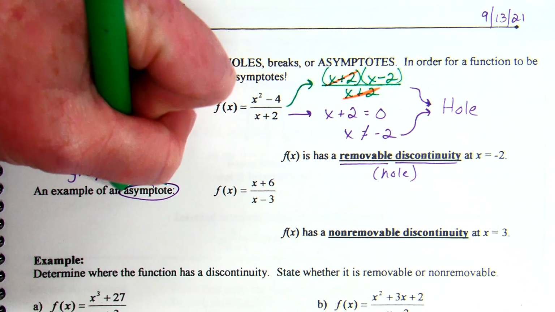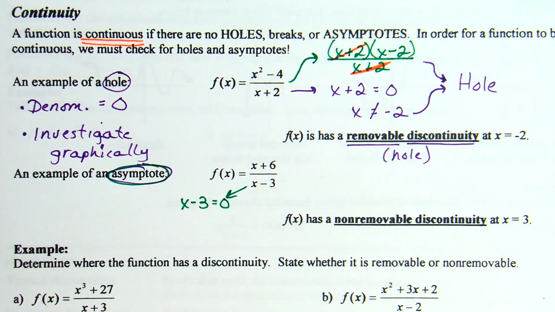Start by setting the denominator equal to 0. x minus 3 equals 0, what do we know? Okay, add 3 over, we get x equals 3. So right there, I know x can't equal 3. I know there's either a hole or a vertical asymptote.